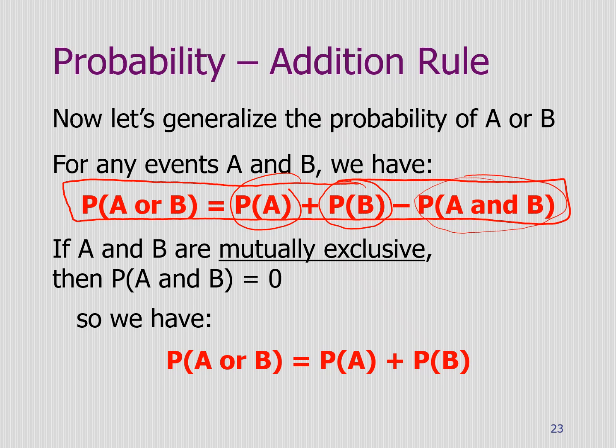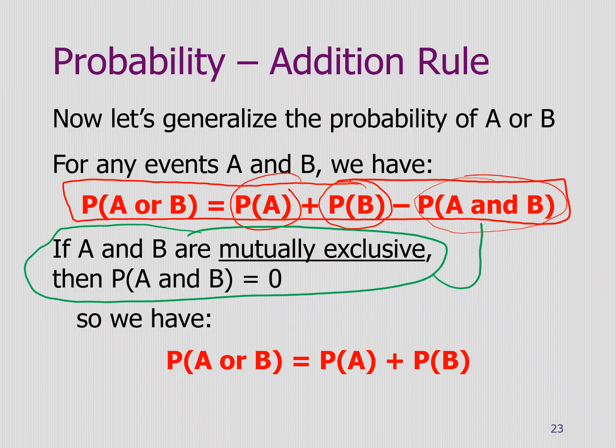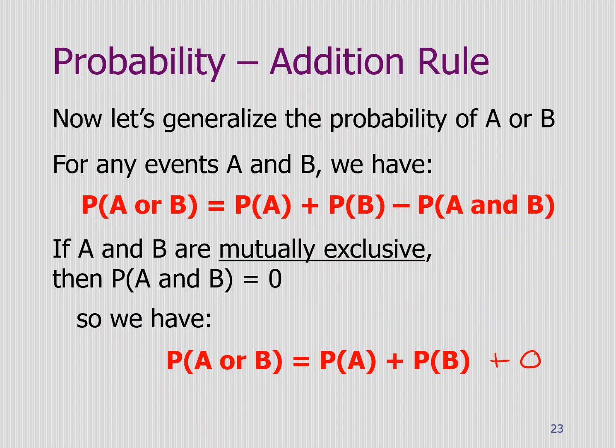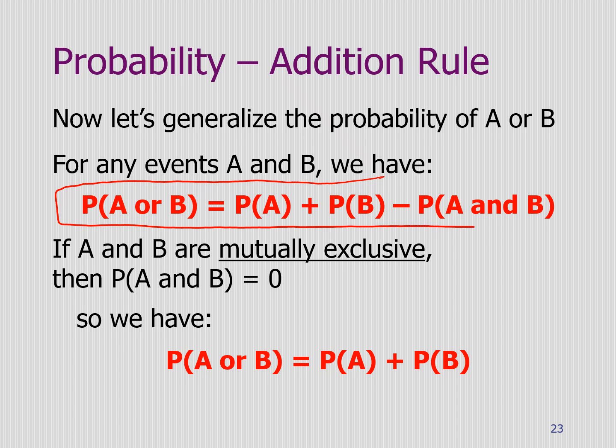Now, if events A and B are mutually exclusive, then this right here becomes 0, so it disappears. It's like plus 0. Okay, it's getting a little cluttered on the screen, but that's basically it. If you Google the addition rule of probability, you will see this.